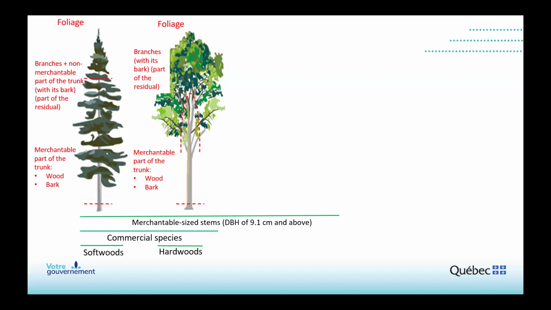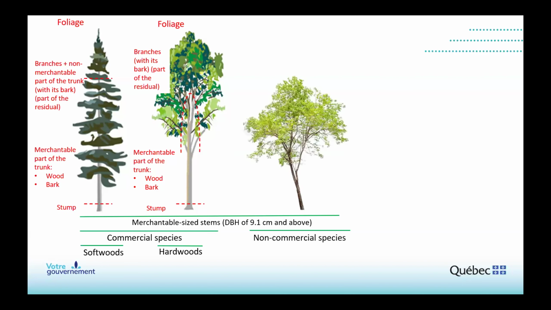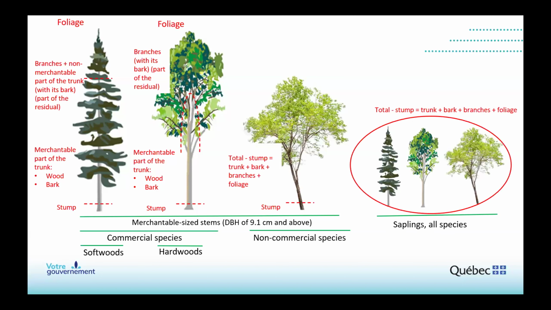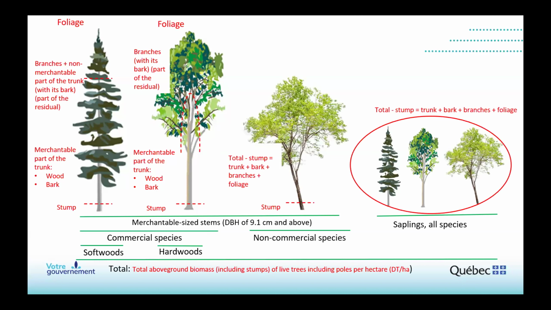We also differentiate the foliage and the stumps. For the non-commercial species, the total minus the stumps equals the trunk plus bark plus branches plus foliage. It is also the same with the saplings and all species. So the total is the total above-ground biomass, including stumps of live trees, including poles, per hectare.